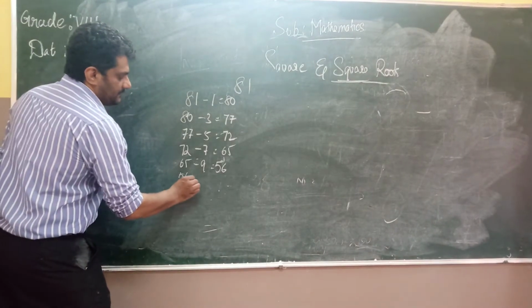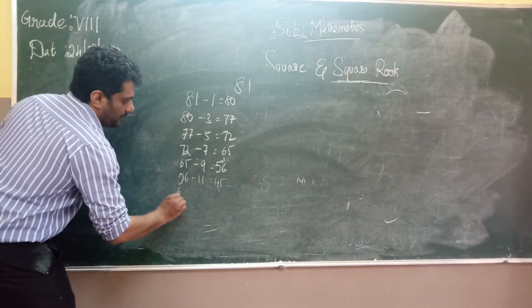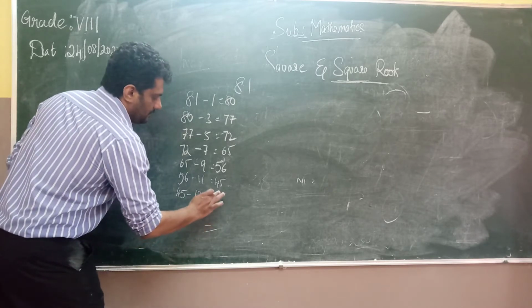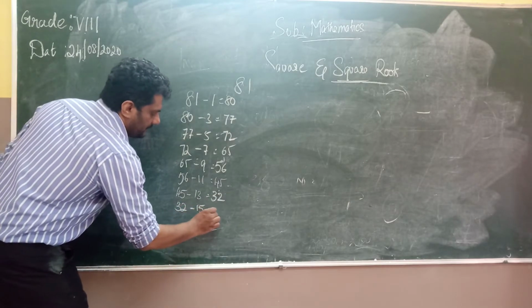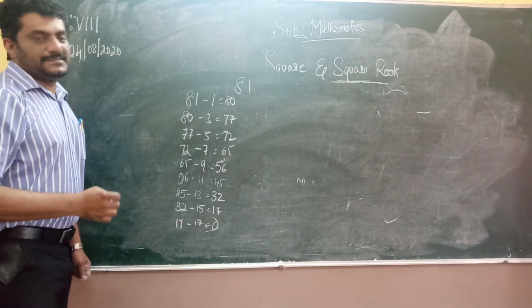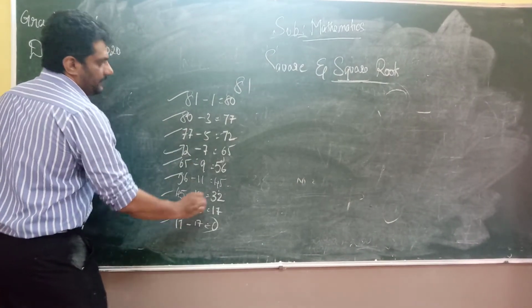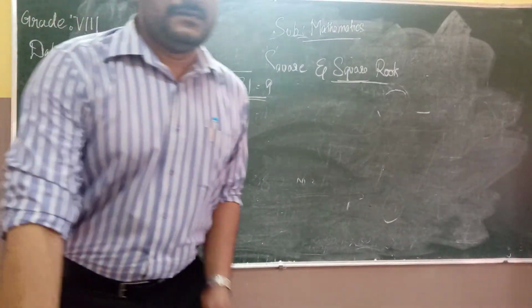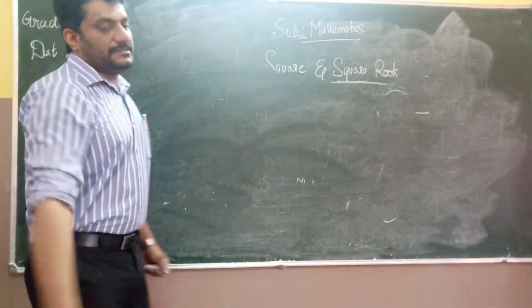Now 56 minus 11, how much? 45. 45 minus 13 is 32. 32 minus 15 is 17. 17 minus 17 is 0. How many steps did we take here? 1, 2, 3, 4, 5, 6, 7, 8, 9. So root of 81 is 9. This is how we find the square root of any number using repeated subtraction.